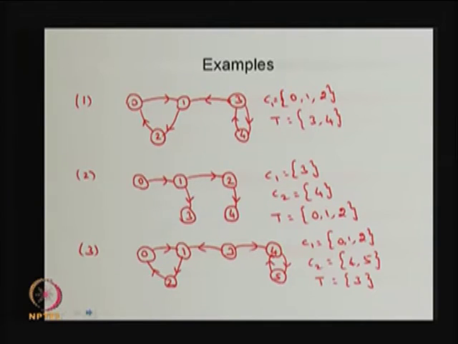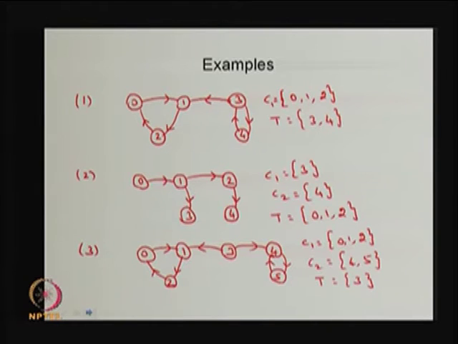See the second example. This also has 5 states. If you observe, you will conclude the states 0, 1 and 2 are transient states, whereas states 3 and 4 form two different closed communicating classes, each consisting of only one state.